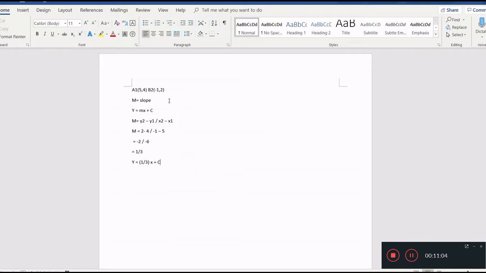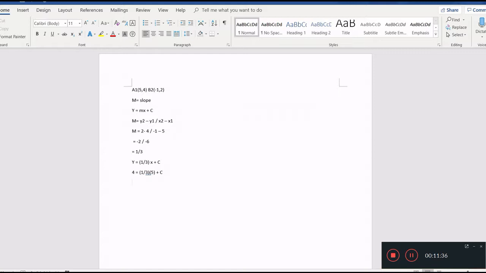You just take either one point, either point A or point B. Let's say I take point A. I substitute the 4 into y, and the x is 5, so 4 equals 1 over 3 times 5, plus c.